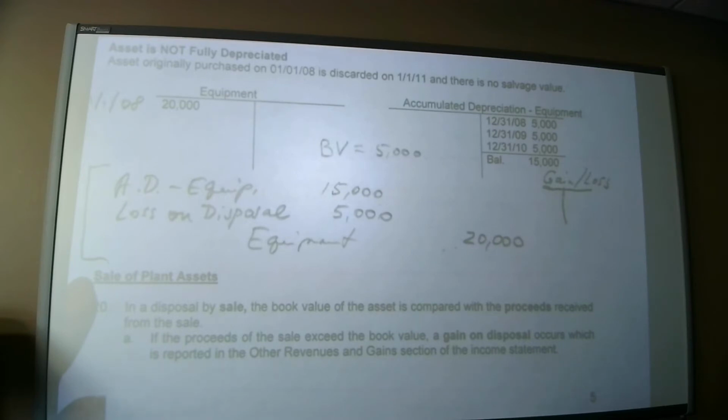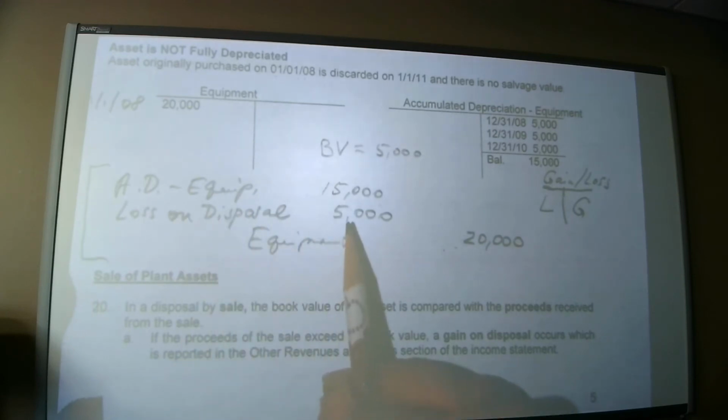Which one is that? It's a credit, right? So gains will end up on the credit side. And losses on the other side; literally, losses are similar to expenses, so normal balances will be debits. So we ended up with a debit balance here, and it is a loss.